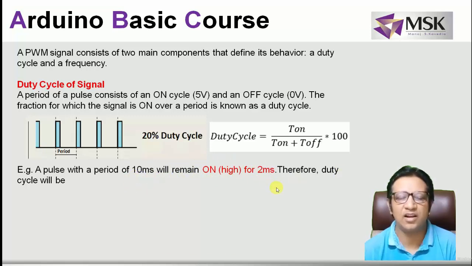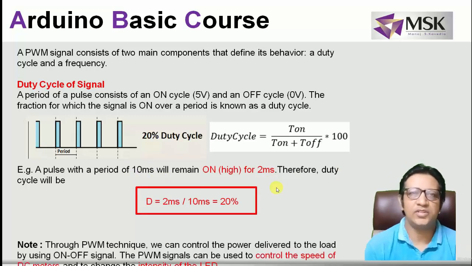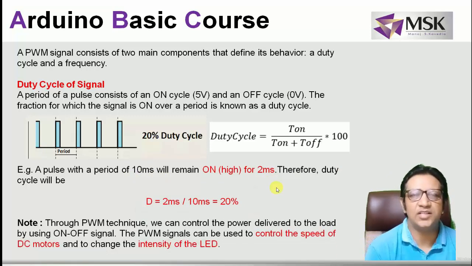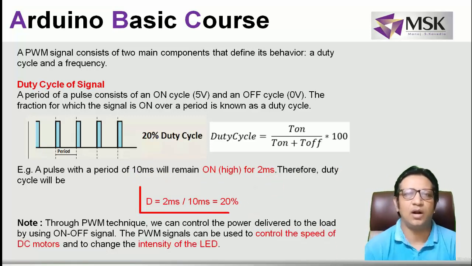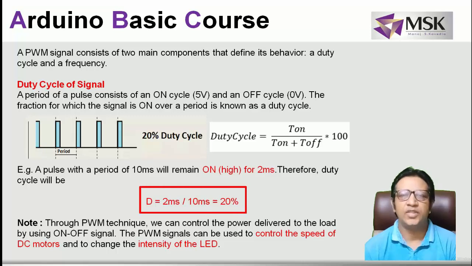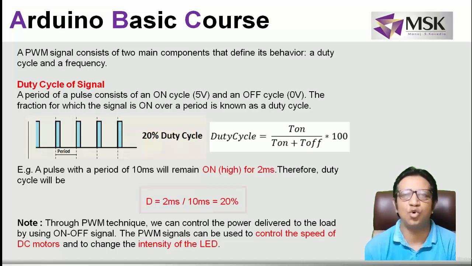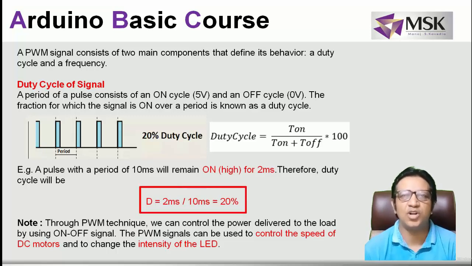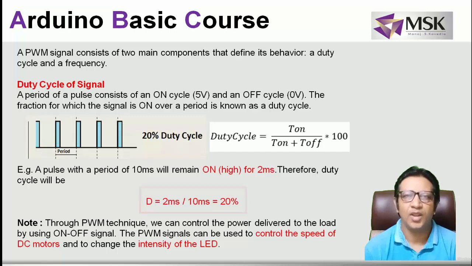So my duty cycle D will be 2 milliseconds divided by 10 milliseconds into 100, that comes to 20%. Now if this signal is given to a pin to which an LED is connected, the brightness will be 20% of the total brightness, or the speed of the motor will be 20% of the total speed. Let's say my motor is working at 100 RPM, then the speed will be only 20 RPM.